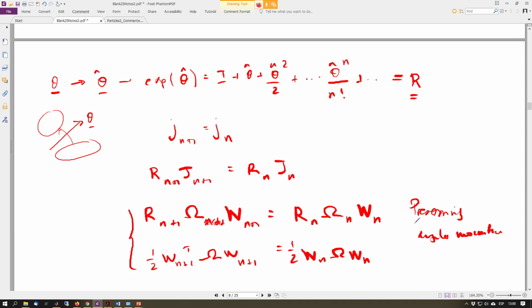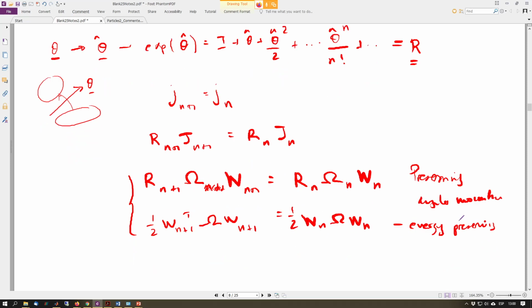So that would be angular momentum preserving, and this is energy preserving. Okay, so you have interest in having these quantities.